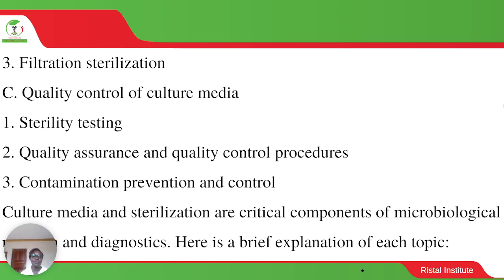This Lemco powder is got from meat extracts, and it is a source of nitrogen, vitamins, and minerals for microorganisms to grow. Then we have another component, the yeast extract, which is also in grams per liter. This yeast extract is got from yeast, and it acts as a source of nitrogen, vitamins, and minerals for microorganisms.